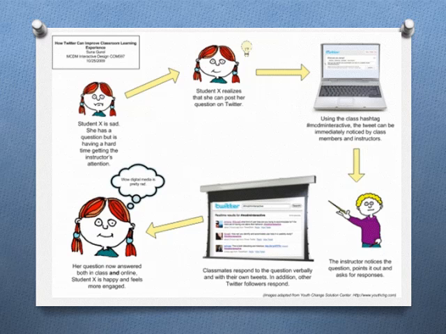Gotcha. In case you're interested, there are a bunch of helper applications out there for using Twitter. The GigaTweet that Professor Chen keeps referring to, you can get to at gigatweet.com, or you can Google GigaTweet. Basically, it's a live tweet streaming application.